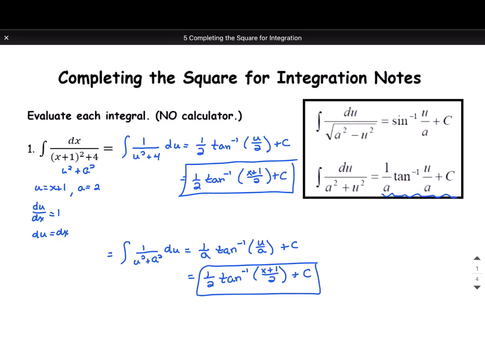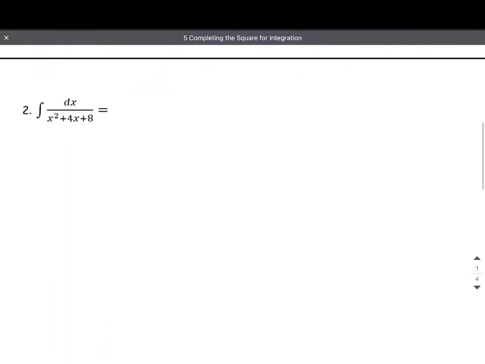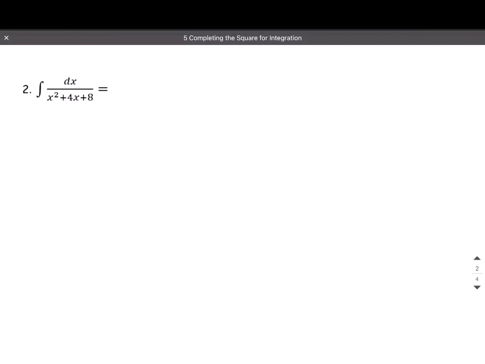Now let's suppose I give you something like the integral of dx over x squared plus 4x plus 8. When you look at this, you say, oh goodness, what do I do? Well, I have a fraction, so let's let the denominator be u. If you do that, u equals x squared plus 4x plus 8, but your du dx would be 2x plus 4.